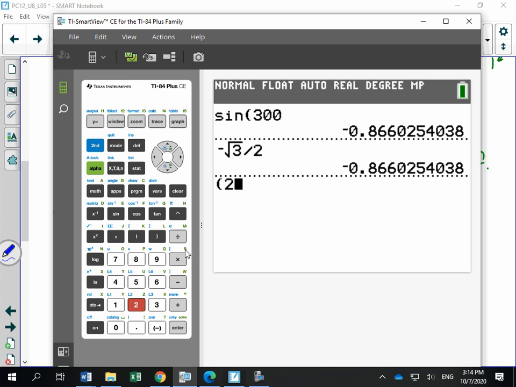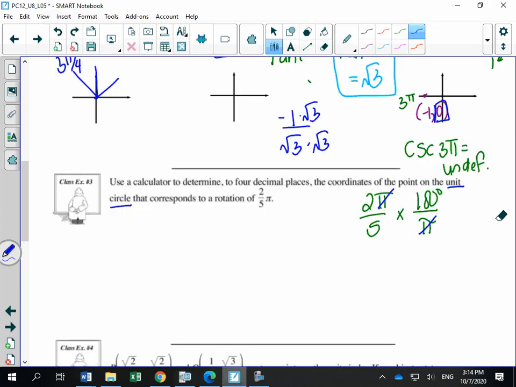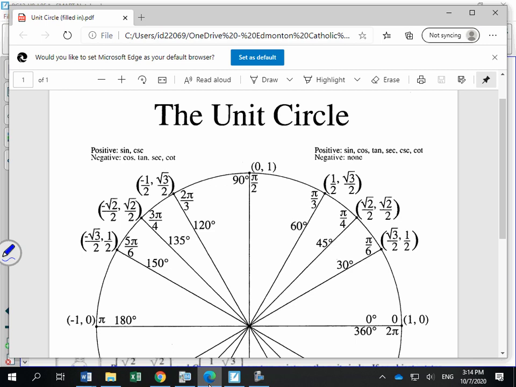So on our calculator, 2 divided by 5 times 180 degrees is going to give me 72 degrees. So 2 pi over 5 is equivalent to 72 degrees. So what that would be on our unit circle, they give us 30, they give us 45, 60. 72 degrees would be right about here on the unit circle. And what they're saying is, well, please tell me what that x value is, and please tell me what that corresponding y value is for this point right here on the unit circle.